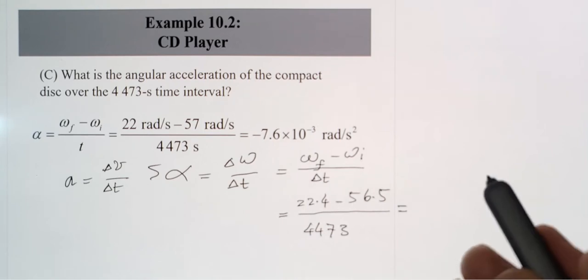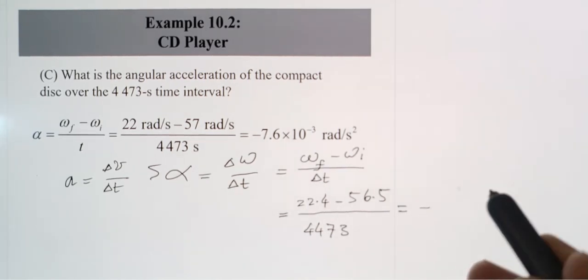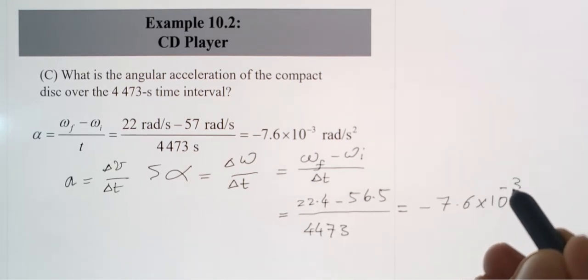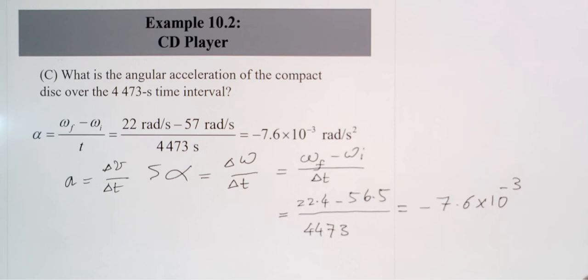So that means the angular acceleration is negative because it is going slower: 7.6 times 10 to the minus 3. Units are radians per second squared. So that is alpha. Very, very easy. It cannot go easier than that. Very easy problems, very easy concepts.